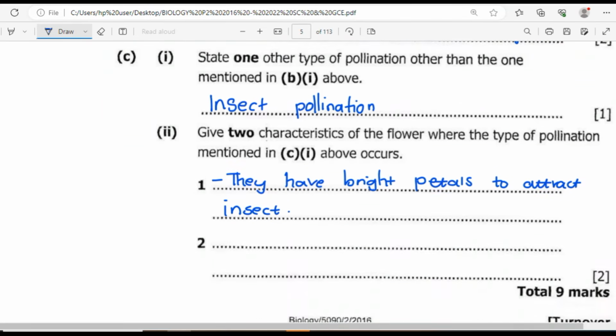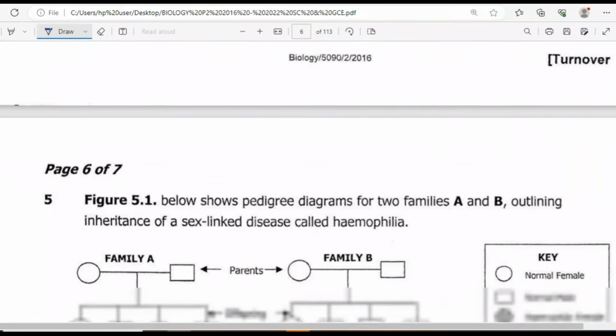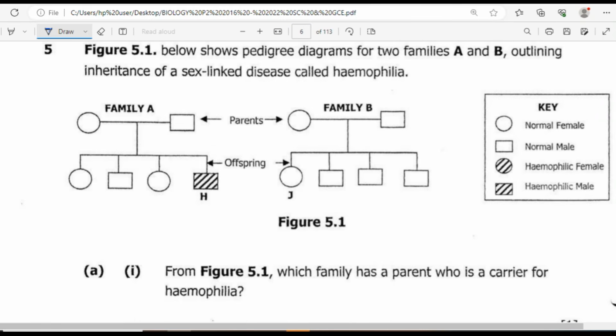Then the second one, they have a nectar fluid. A nectar fluid is just a fluid that is sweet. Because of that sweetness, the insect may visit this. As a result, we have the transferring of pollen grains.